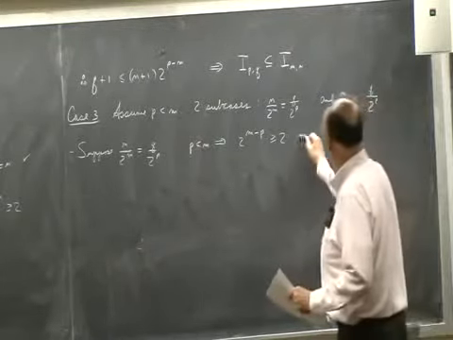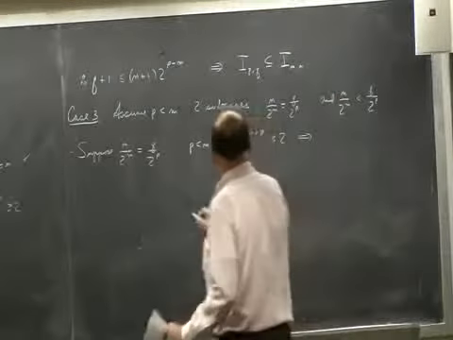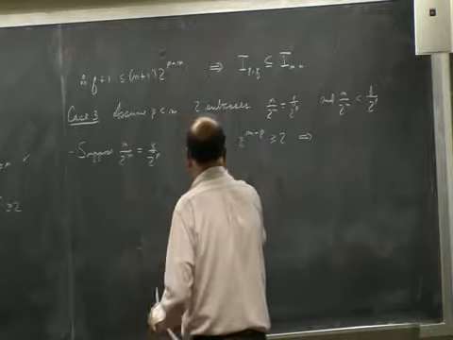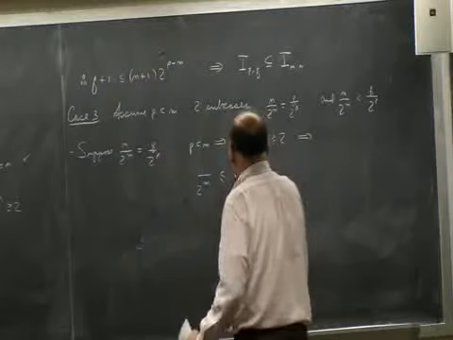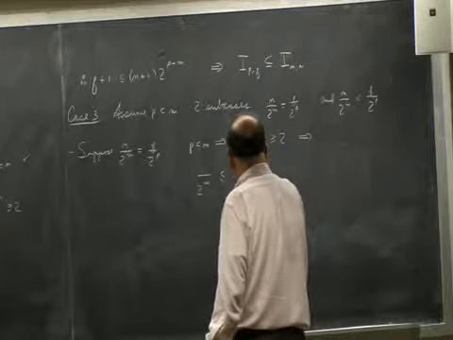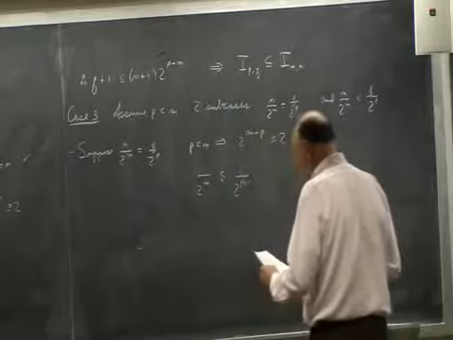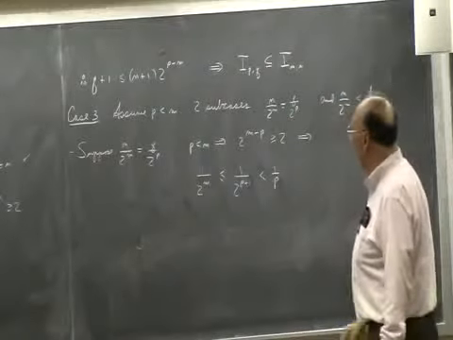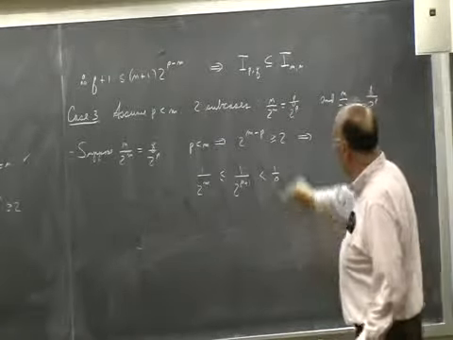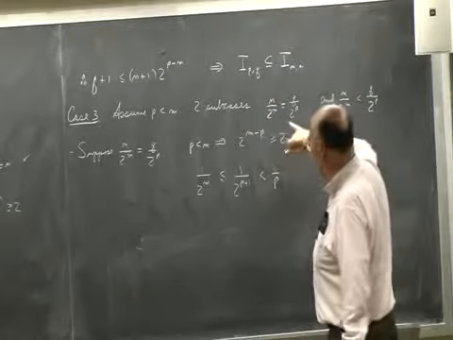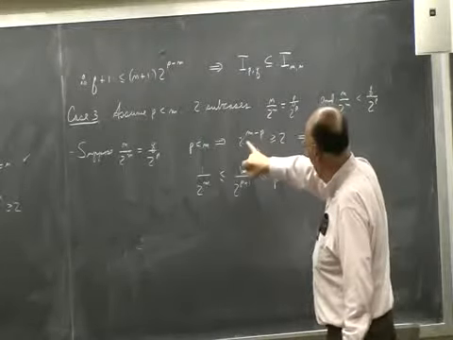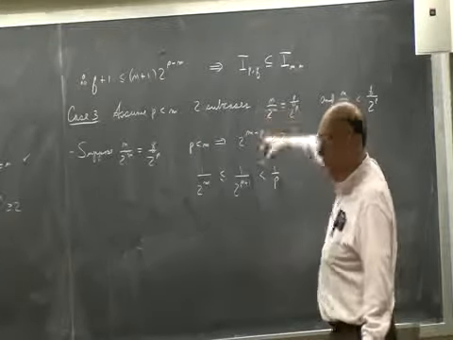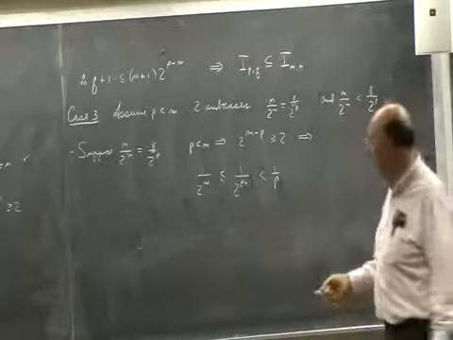And this implies that 1 over 2 to the M is less than or equal to 1 over 2 to the P plus 1. Because here, if I do the 1 over business, when I bring this over the other side, I have 2 to the M bigger than or equal to 2 to the P plus 1, and then 1 over, and there I am.